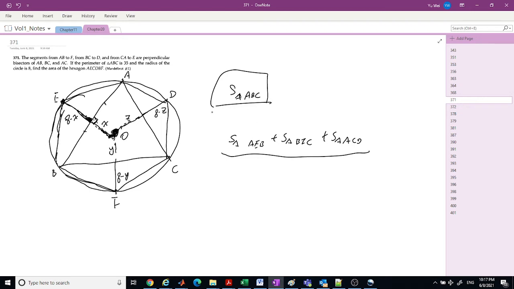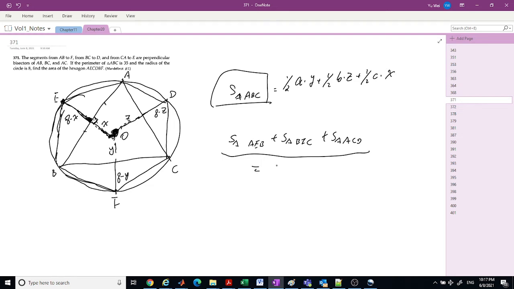So what we can do is half of A times y, plus half of B times z, plus half of C times x.